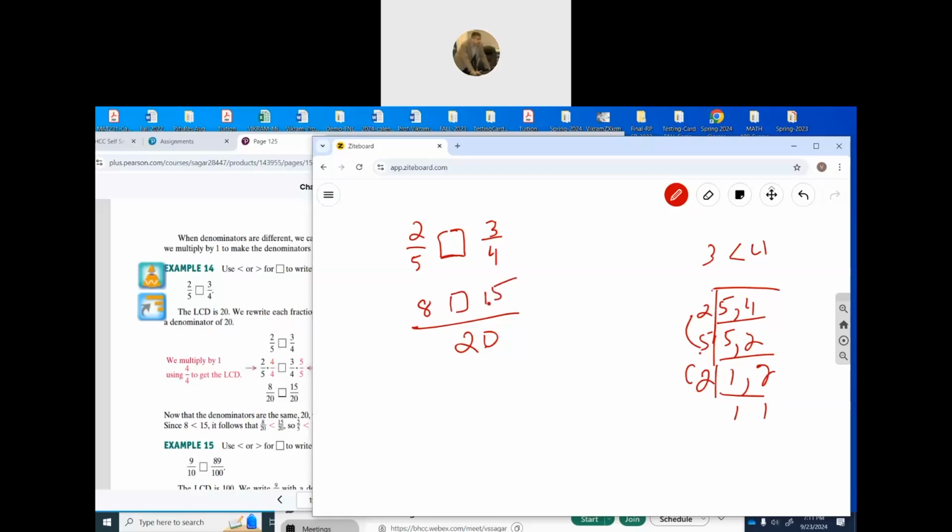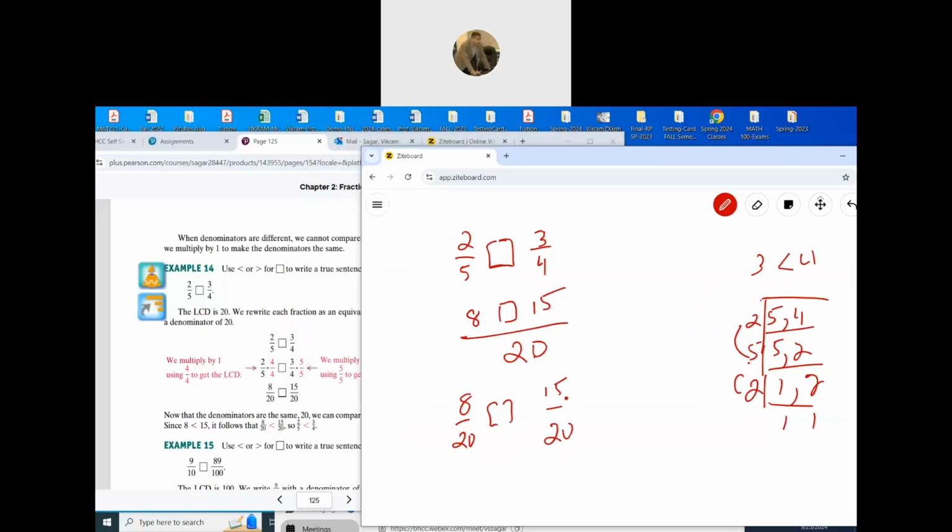Now I can write down 8 over 20 and 15 over 20. Now I can use this symbol here, right? 15 is greater than 8.